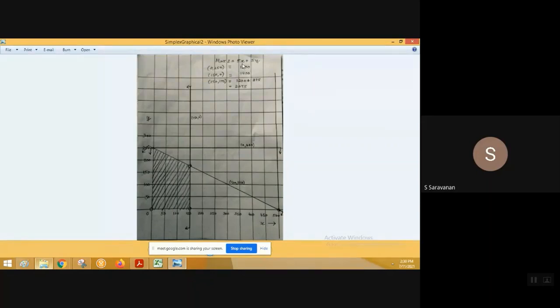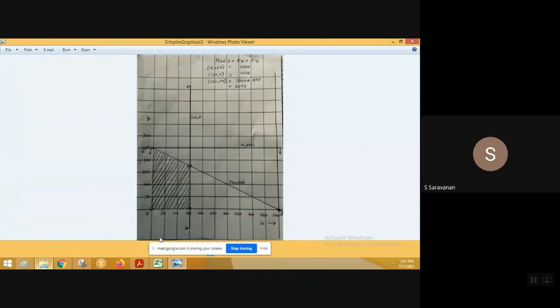If you substitute in the objective equation, 8x plus 5y: 0 and 250 substituted here gives 1000. 150 and 0 gives 1200. 150 comma 175 substituted in this equation, you will get 2075.